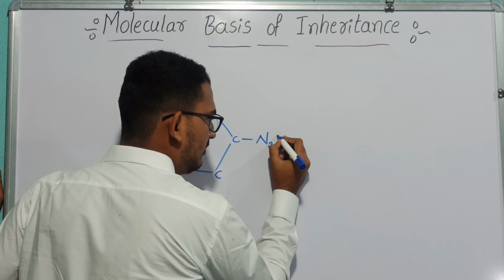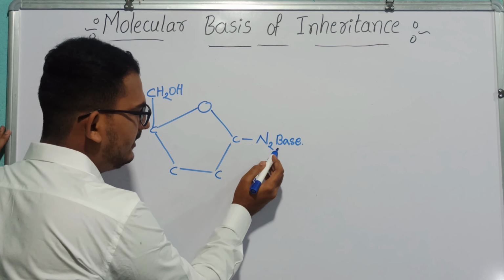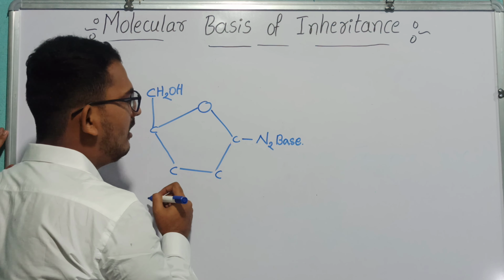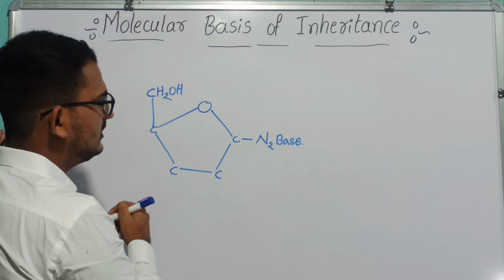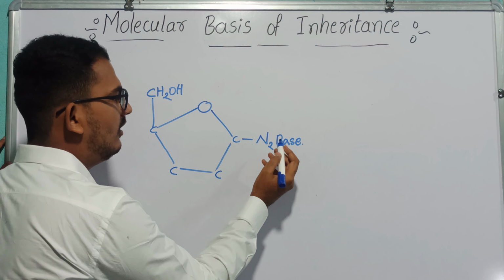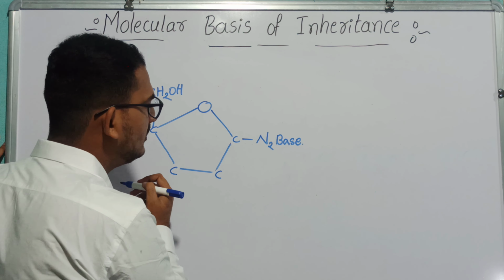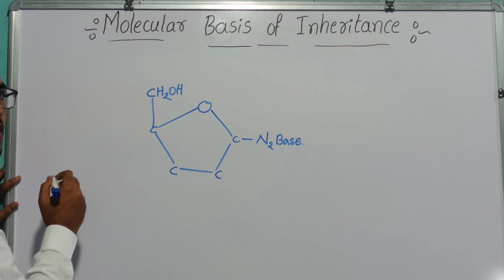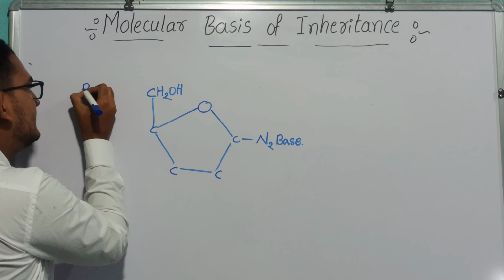If it is purine, the ninth position of purine makes a glycosidic bond with the first position of pentose sugar or ribose sugar or deoxyribose sugar. If it is pyrimidine, the first position of pyrimidine makes a glycosidic bond with the pentose sugar. Phosphoric acid is going to get attached to the fifth carbon of ribose sugar.